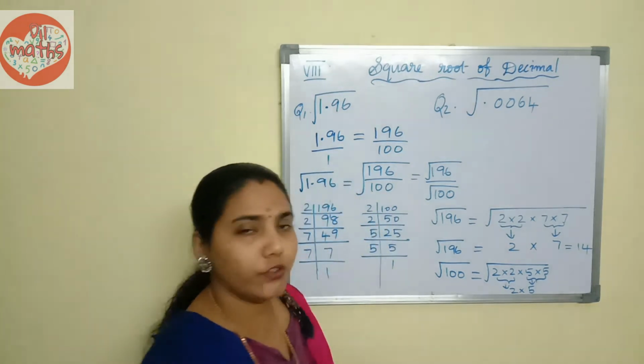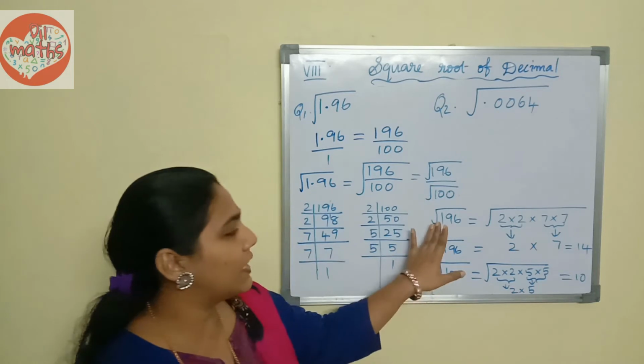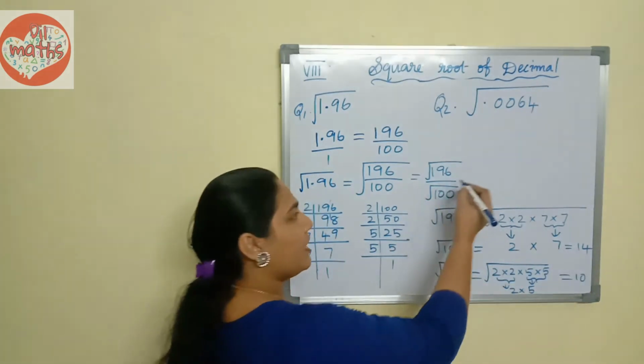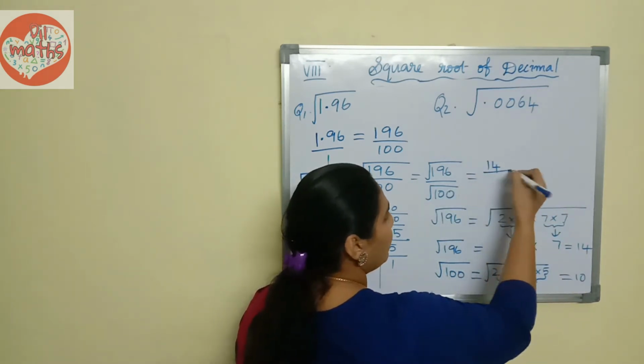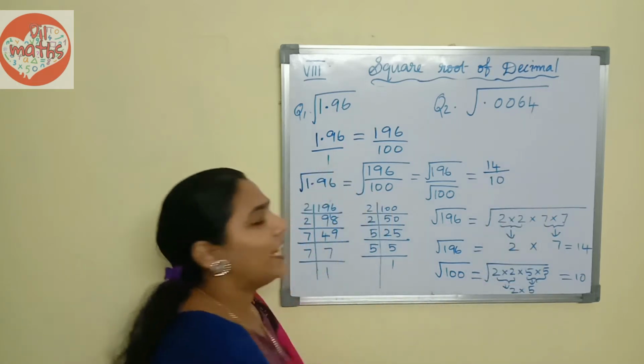So we got 2 into 5, which is equal to 10. So we got square root of 196 is equal to 14 and square root of 100 is equal to 10.